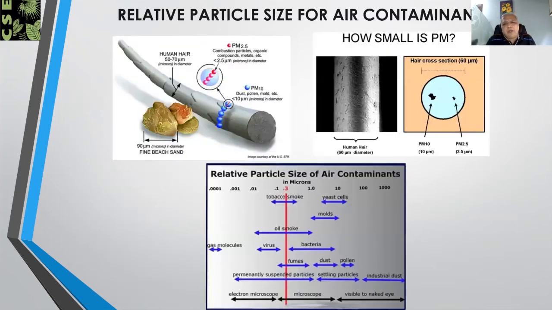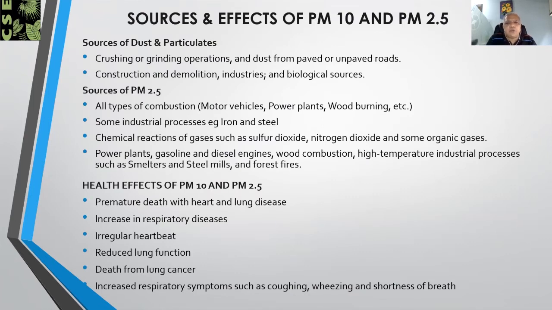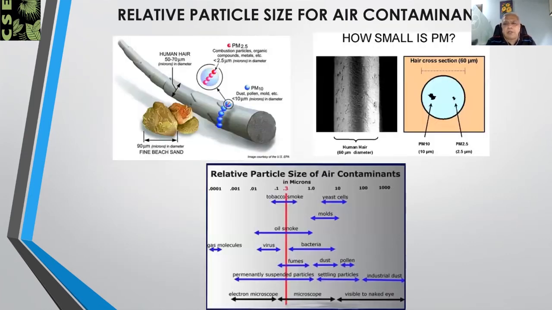Now these are, of course, basics of particulate pollution. What are the sources of pollution? Particulate pollution: this is a particle which is 10 micrometers in size. If you compare it with the cross section of a human hair, you will notice the particulate matter PM10 is such a small particle, whereas particulate matter 2.5 is even smaller than that.